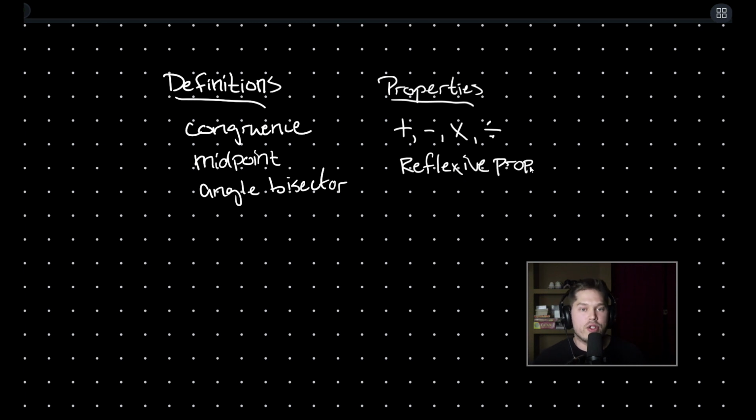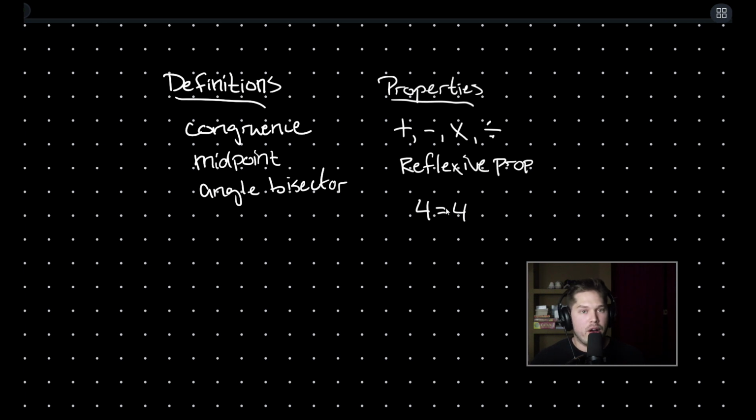And technically there's two reflexive properties. There's the reflexive property of congruence and the reflexive property of equality. The reflexive property of congruence would be if you're talking about a side length, and the reflexive property of equality would be like if you had 4 equals 4. Okay, this is what the reflexive property is.